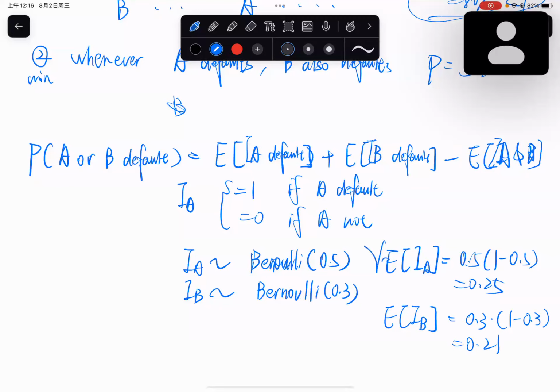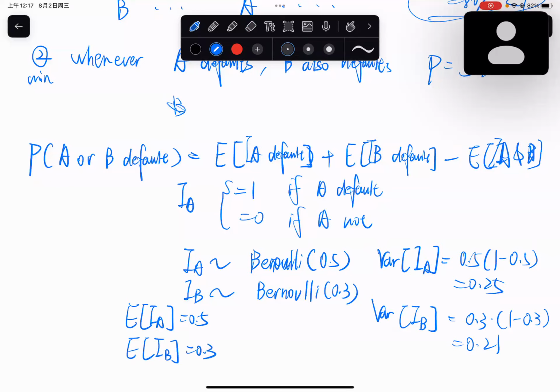Sorry, this is a variance. So this is a variance. And the expected value of I_A is just 0.5, and the expected value of I_B is just 0.3. So we just need to put them into the formula.